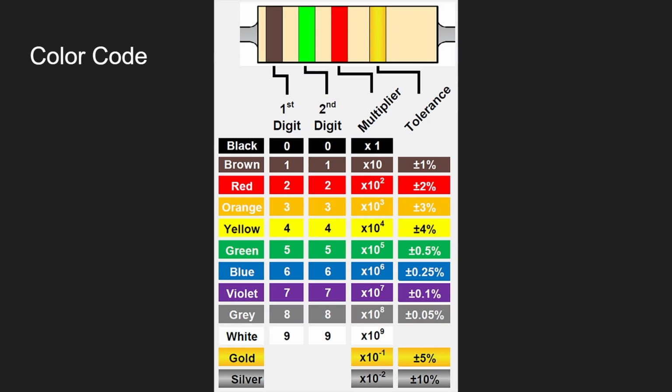For white, you will see that it is 10 to the power 9, which is a very big multiplier, so the resistance is very large. You will see that for smaller resistance the multiplier is smaller, and for bigger resistance in real life it is a lot bigger.